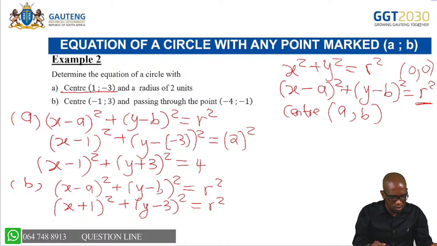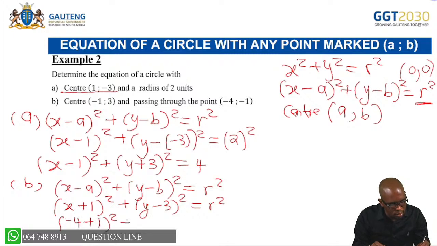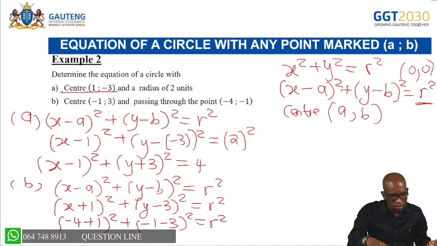We're going to substitute where we see x, we put -4, and where we see y, we put -1, and hence we'll be able to work out the value of r². So this would be (-4 + 1)² + (-1 - 3)². This should give us the value of r².